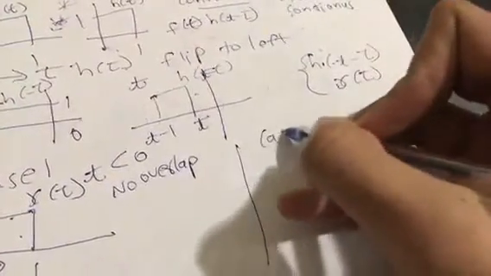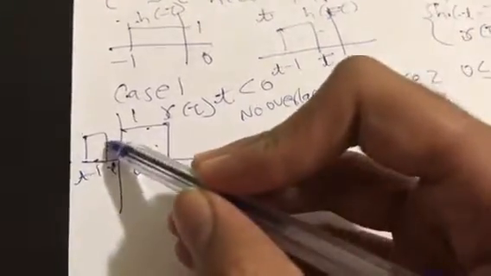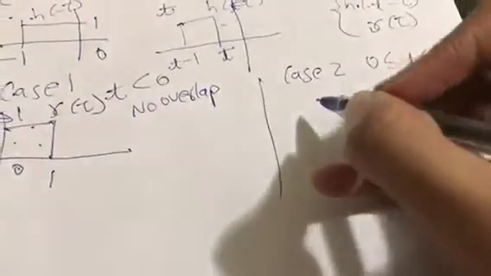Now case 2, for 0 less than t less than 1. What we're going to do is shift this towards the right, and see, as it shifts towards the right, what the ranges are where it does overlap.